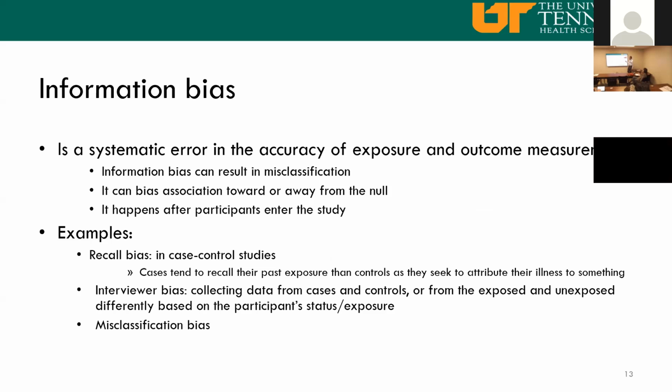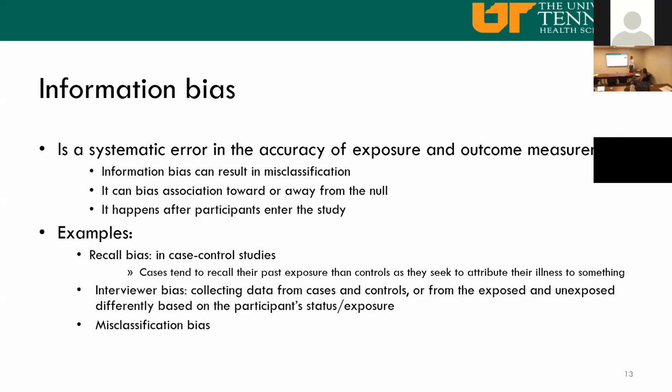So information bias. We've been talking about the selection bias. Information bias is another type of bias. It's a systematic error in the accuracy of the definition of exposure and outcome, or the measurement of exposure and outcome. Information bias can result in misclassification.